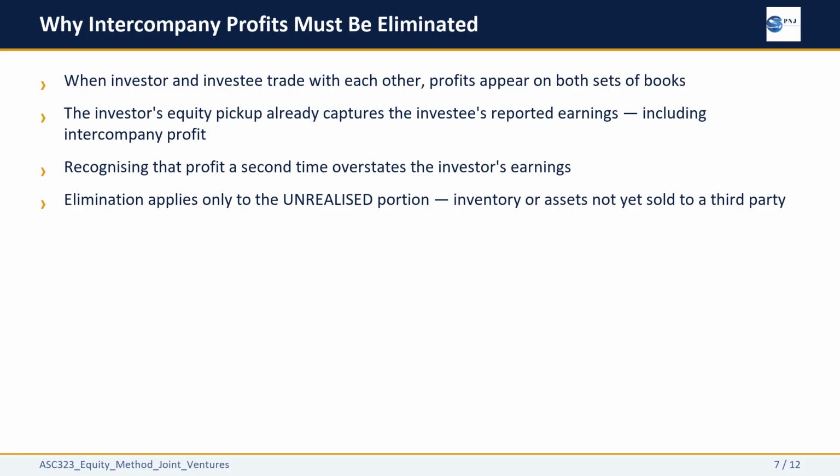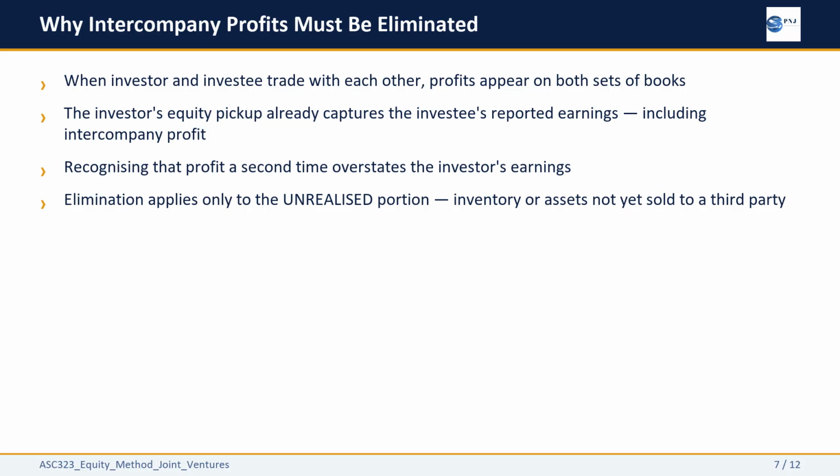The profit is not economically real until an outside customer completes the purchase. If you leave that unrealized profit in your equity pickup, you are overstating your earnings without any market validation. The elimination rule forces you to defer that profit until the economic cycle is actually complete. The critical word is unrealized. Only what remains unsold needs to come out.